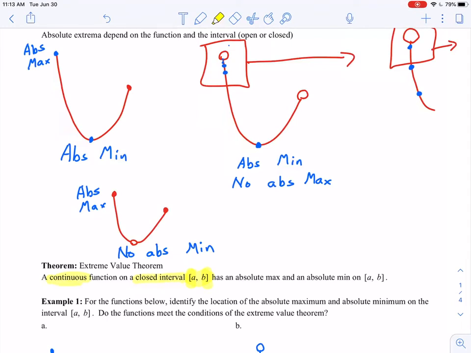So if we have a continuous function on a closed interval, it is guaranteed to have an absolute maximum and an absolute minimum on that closed interval [a, b]. So this is the first way that we can guarantee ourselves absolute extreme values: we need a continuous function and we need to be working on a closed interval.